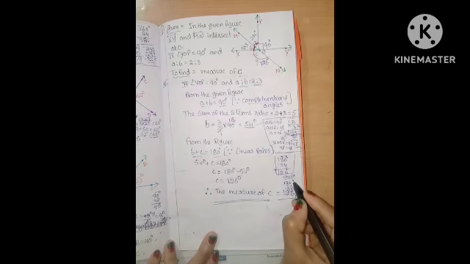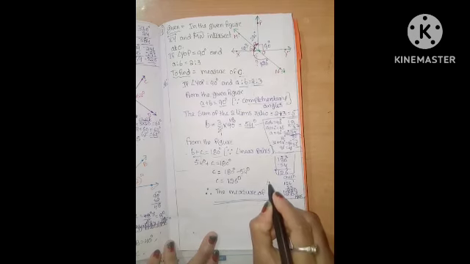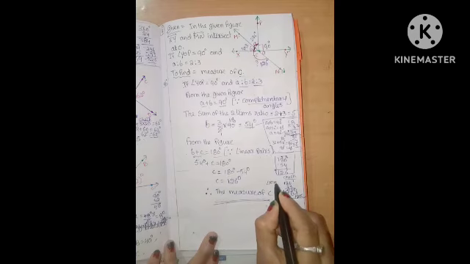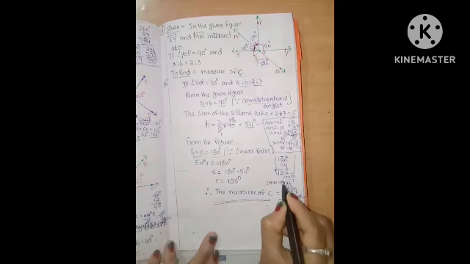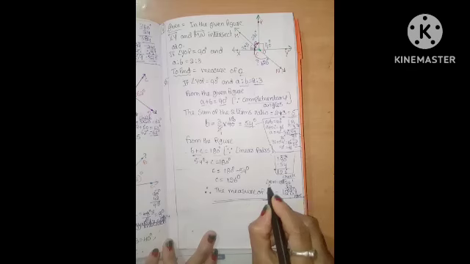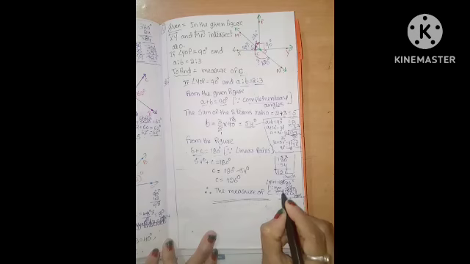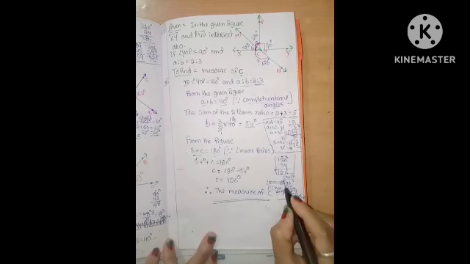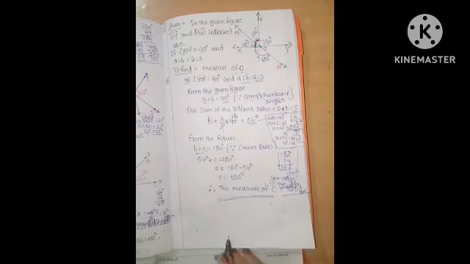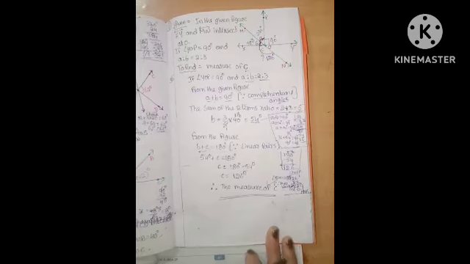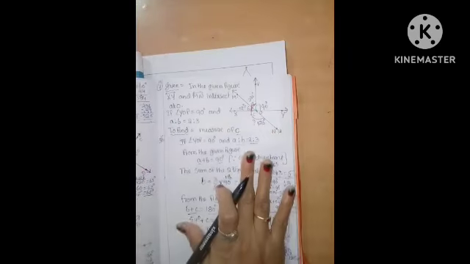Yes. 180 degrees. XON is equal to 180 degrees. Why? Since MN is a straight line. Are you clear? Are you understood? Yes, this is a very simple problem, Gagan Sai.